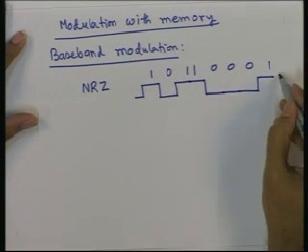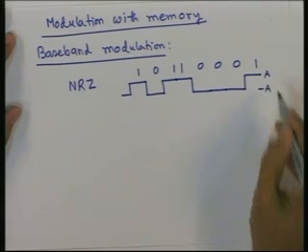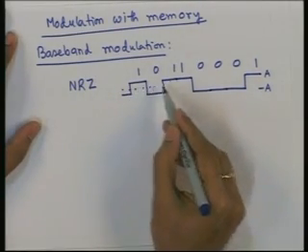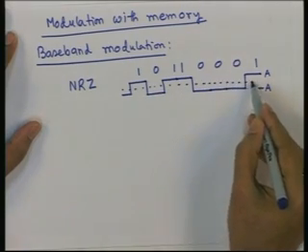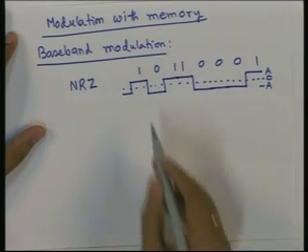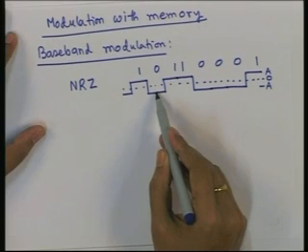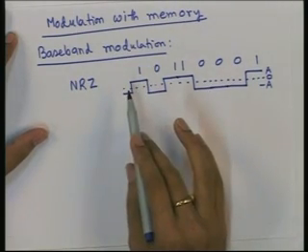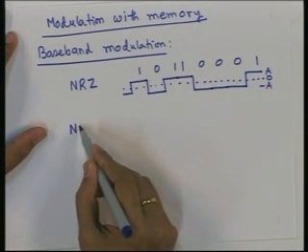So, this voltage will be say A, and this will be minus A, the negative voltage. The 0 voltage is somewhere in between. Now, this does not have memory, because what voltage level is transmitted here does not depend on what was transmitted before.